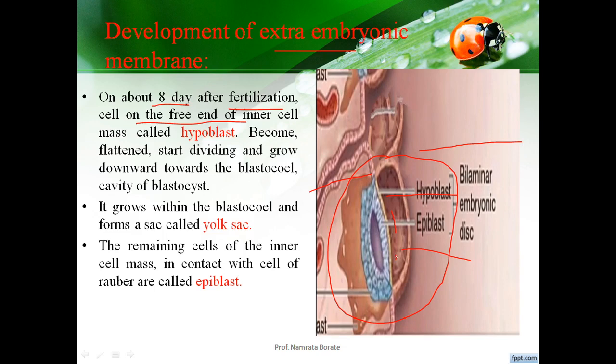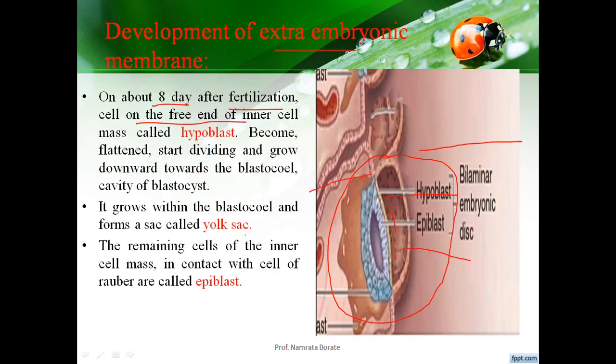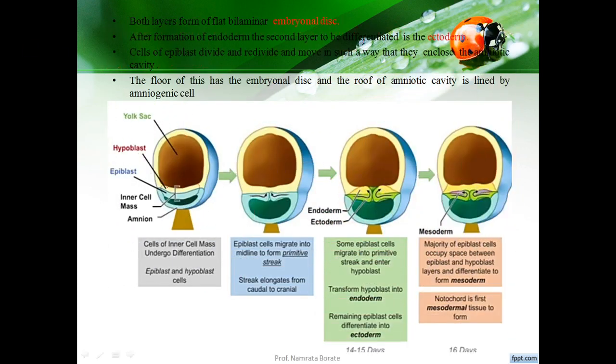It grows within the blastocele, and there is a formation of a structure, and that structure is called the yolk sac. So you can see here the hypoblast cell divides and forms a cavity, that is, it forms a sac, and that sac is called the yolk sac.